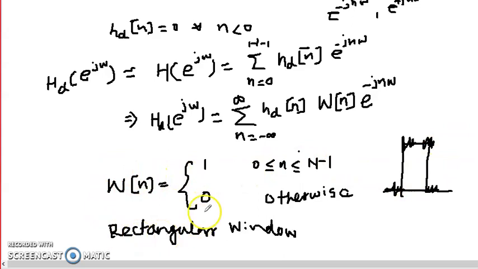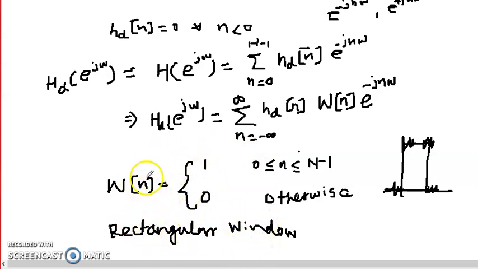This is the simplest approximation, the rectangular window, but this rectangular window is modified by different inventors, designers, engineers, and we will have more complex kinds of windows.